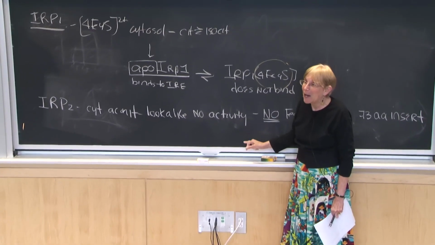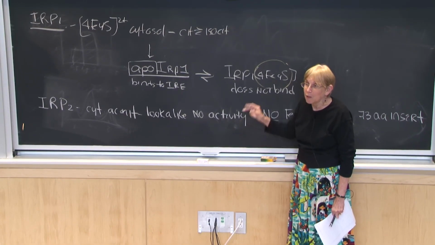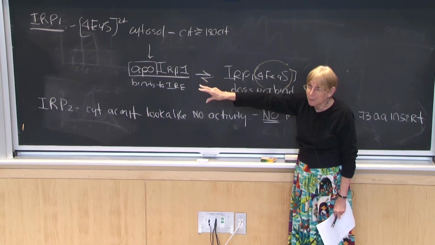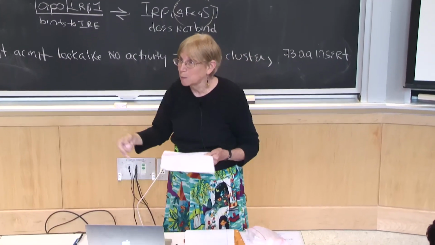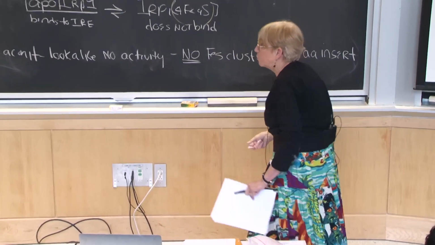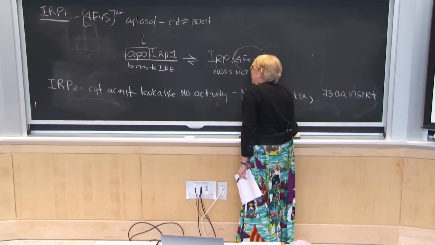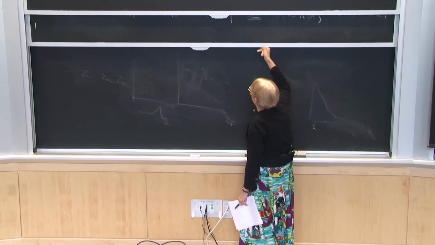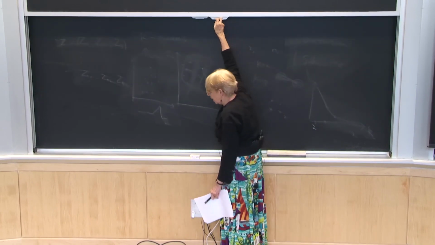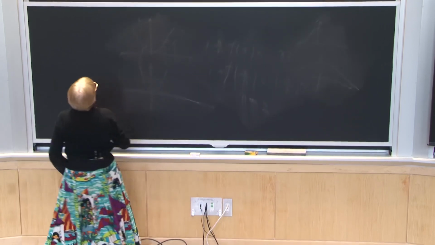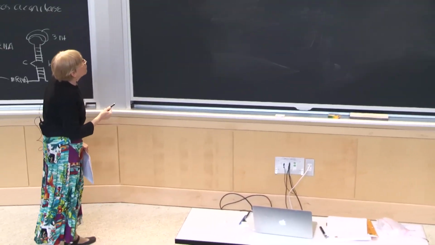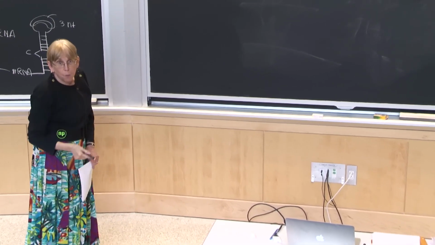So how does IRP2, which binds to the same IREs, sense? Again, in vivo we don't really know all of this. People are trying to sort out what the functions of the different proteins actually are. I just told you that the APO form of IRP1 binds.